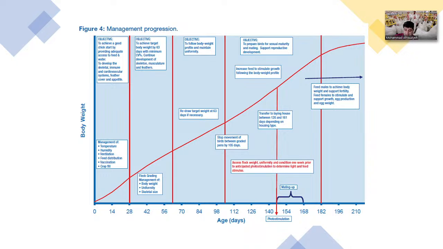It means that if you are behind the target body weight, you need to increase feed intake. Usually for broiler breeders it's not a really big problem because they have a good appetite. Broilers also have a good appetite.